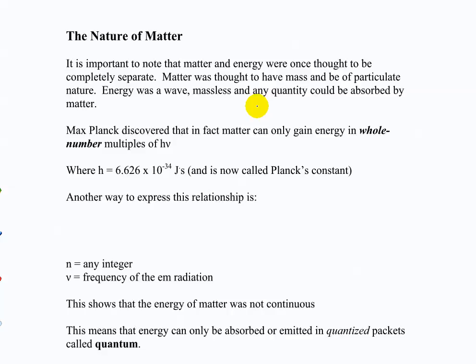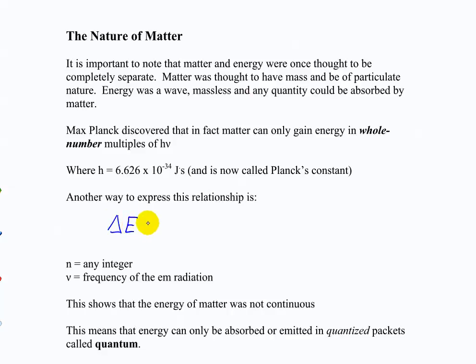And the very beginning of quantum mechanics is Max Planck discovering that matter only gains energy in whole number multiples of the frequency times a certain constant. He called that h nu. So what that means is that matter only gains energy in these little packets.